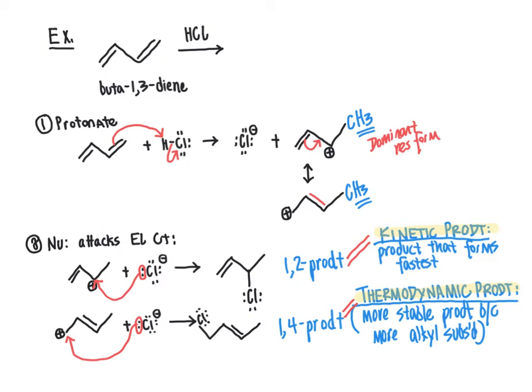So with the observation of a so-called kinetic product and a thermodynamic product for this reaction, a product that forms faster, as well as a different constitutional isomer that is more stable, we can manipulate the control of this reaction in order to drive it toward one product versus another by altering things like temperature.